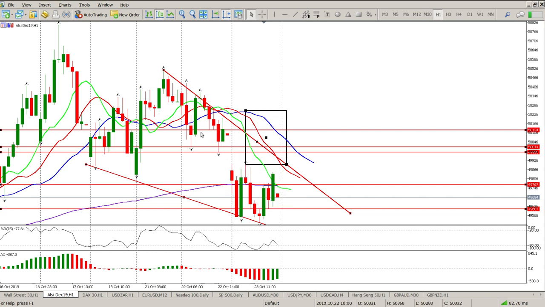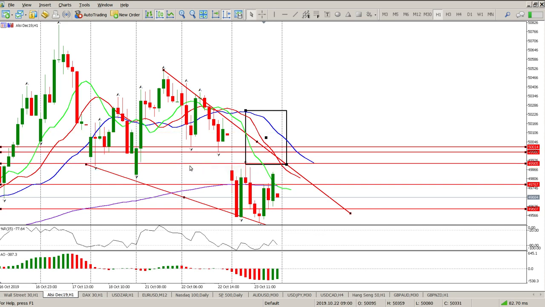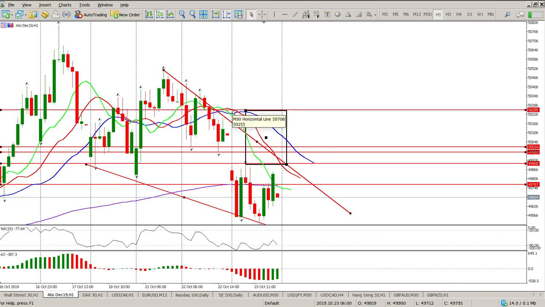So a break above 49,905 could potentially bring 50,250 into play. But then that would also break the wedge. And if that happens, I'd be looking for that as a first target, pull back, get in for some more, and then back to the upside.